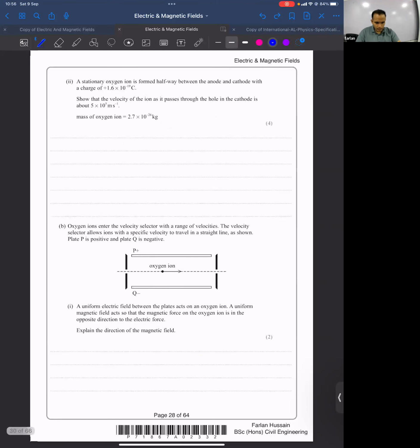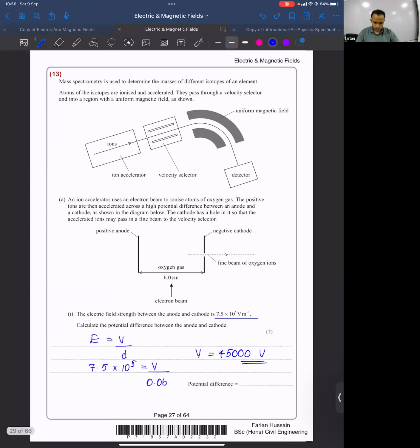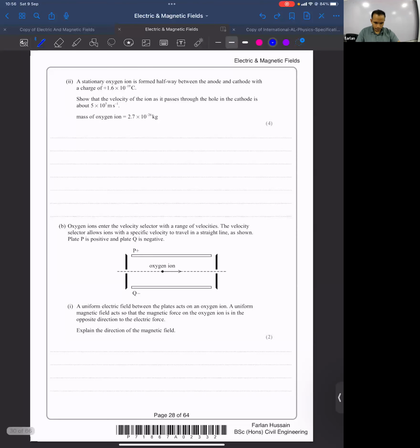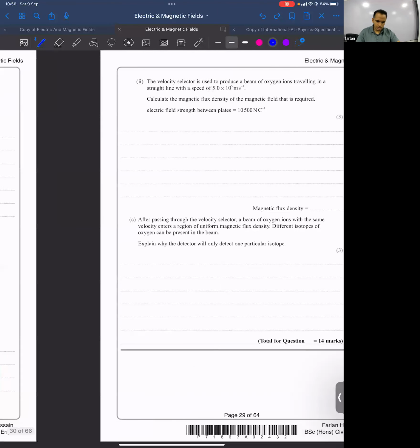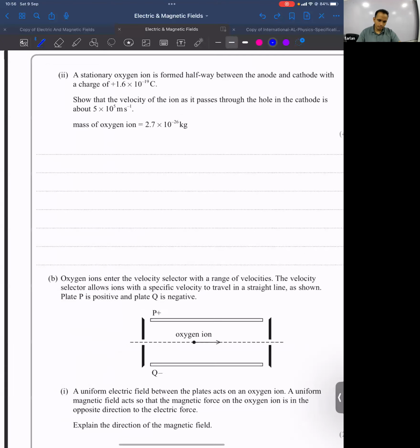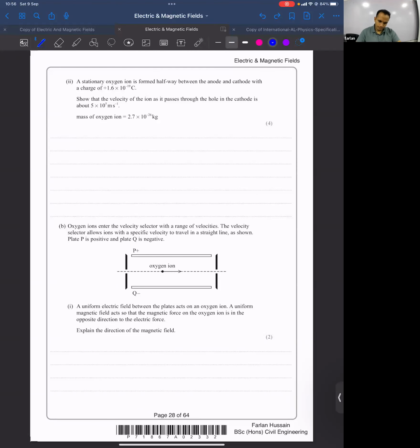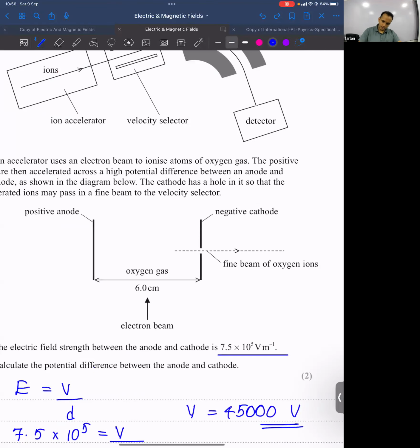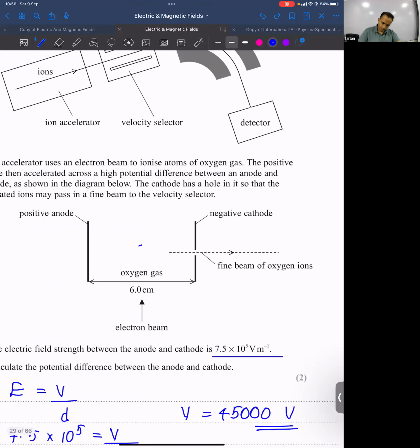Show that the velocity of the ion as it passes through the hole in the cathode is 5 × 10^5 meters per second. Mass of oxygen is given, 2.7 × 10^-26 kilogram. Now the oxygen they are talking about is formed here, right? Correct?